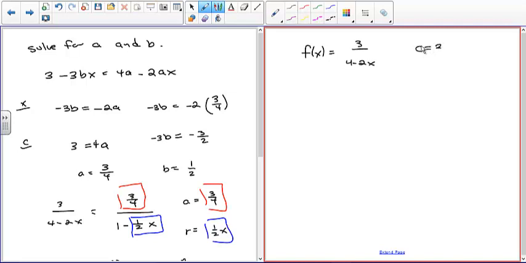The difference in how we approach this: we still want it to be a over 1 minus r, so we're going to have a over 1 minus b times x minus 3. Because we're centering around x equals 3, we want r to be a function of x minus 3. So when x equals 3, that term goes to 0.